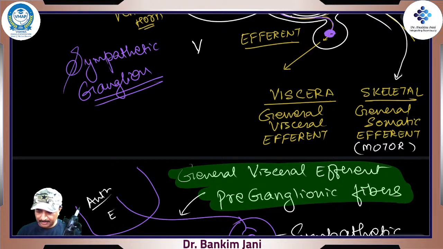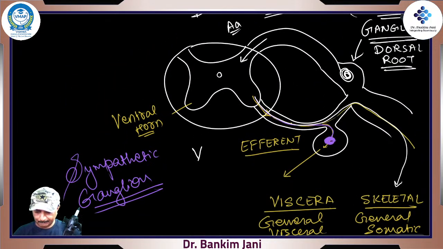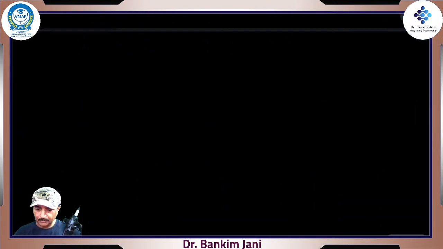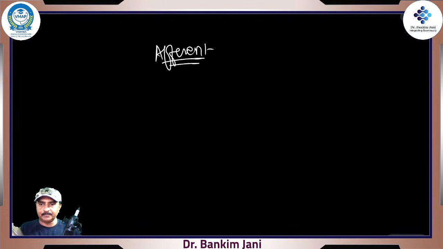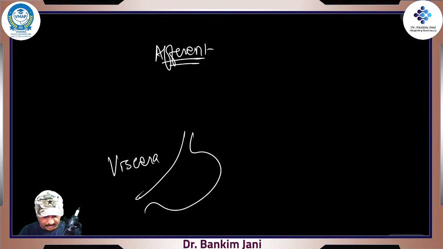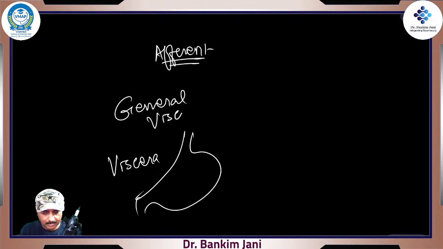General visceral efferent, we talked about it, pre and post ganglionic fibers, right? Now move on to the afferent one. In case of afferent, things are pretty straight. From the viscera, let's say this is stomach, it would be general visceral afferent.